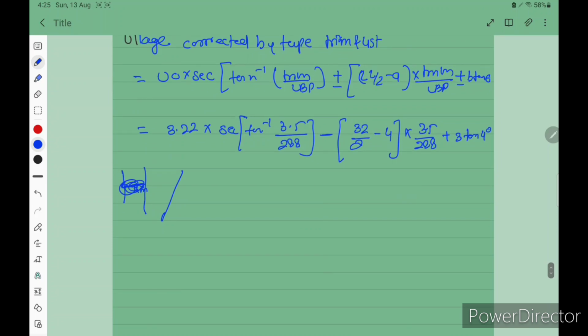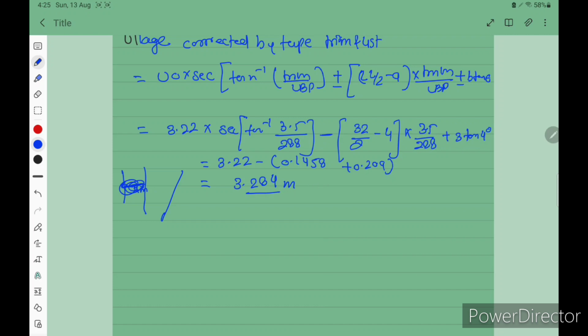Okay, after solving you will get the value 3.284, or 3.22 minus 0.1458 plus 0.209. So after that we get the value 3.283. So take 3 digits after the decimal.